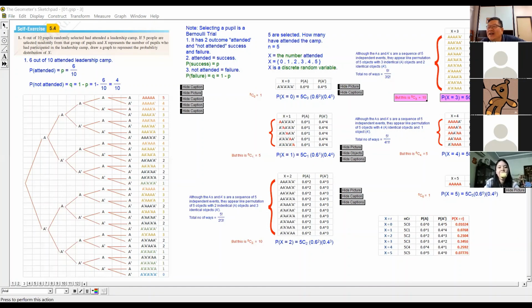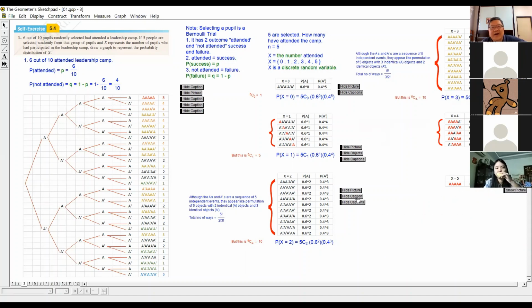Hide the answer first. Okay. Anyone wants to try? Ethan want to try this one? The probability, first component, 5 of them, so 5 choose what? Ethan, you just type there. 5 choose how many?